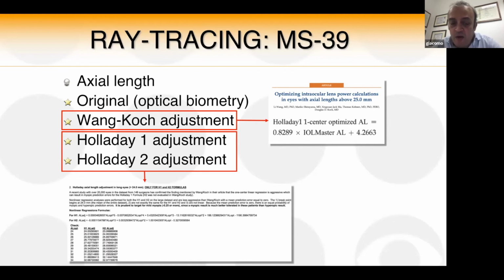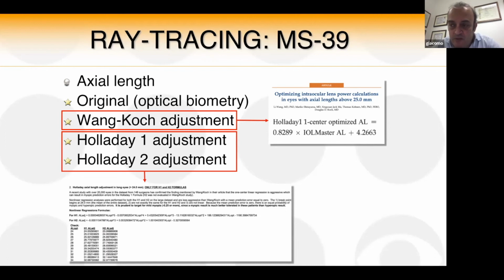And then there are also two adjustments that have been published by Holladay in JCRS, January 2019, one for the Holladay 1 and one for the Holladay 2. These are polynomial equations that I never had time to enter in Excel.